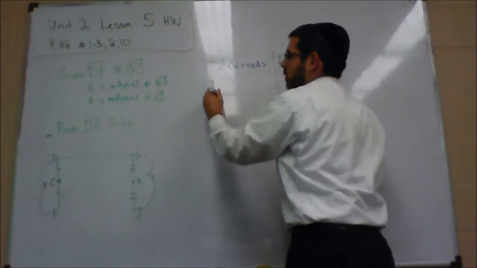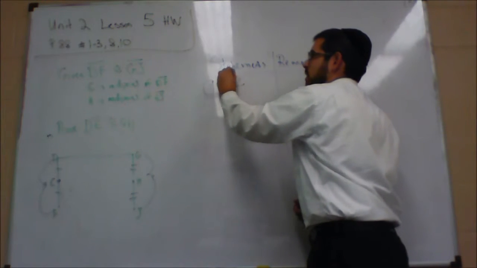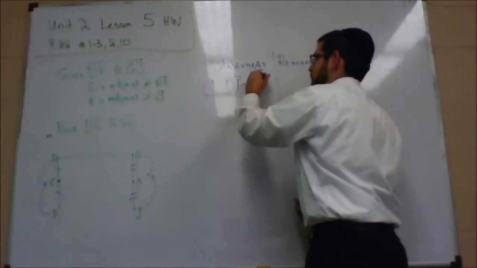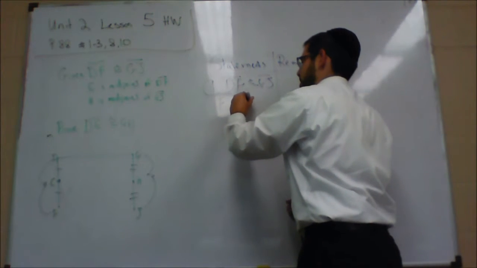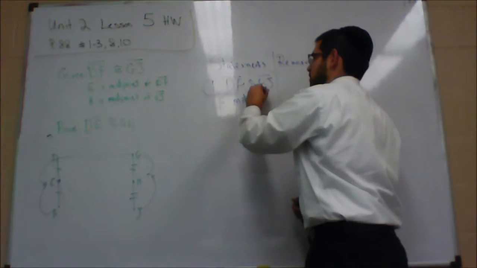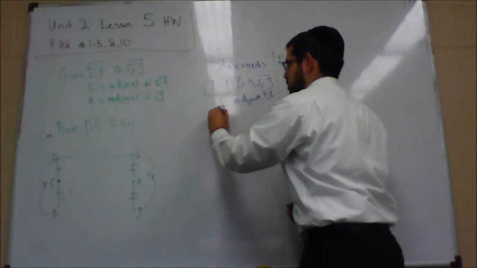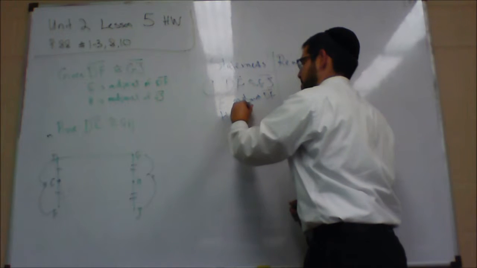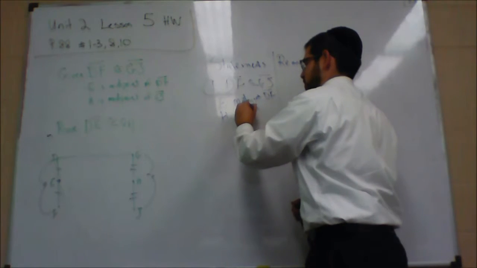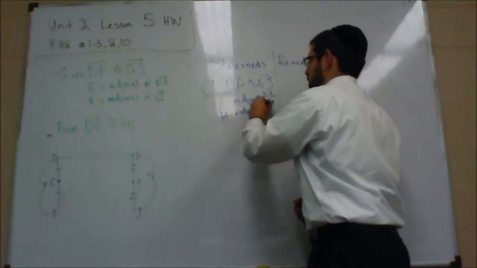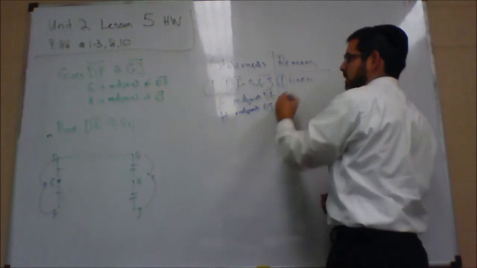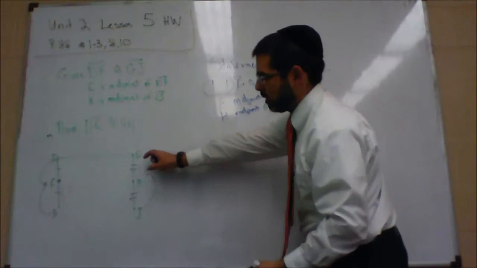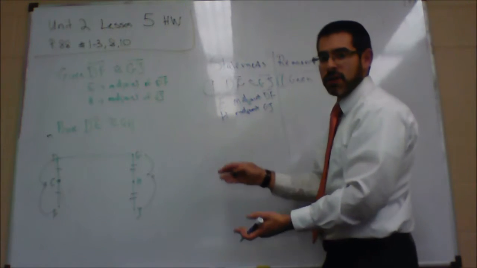In number 1, we're going to write down our givens, that DF is congruent to GJ, and that E is midpoint of DF, and H is midpoint of GJ, and our reason there is given. Then our second step is to say that the small piece will also be congruent because of the division property.